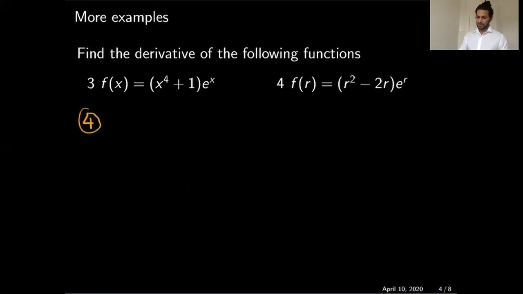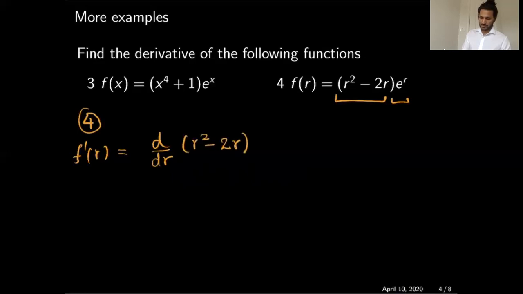Here we have the product of this function and that function, e to the power r. So therefore f prime of r, the product will be d over dr of r square minus 2r times e to the power r, plus r square minus 2r times dy by dr of e to the power r.